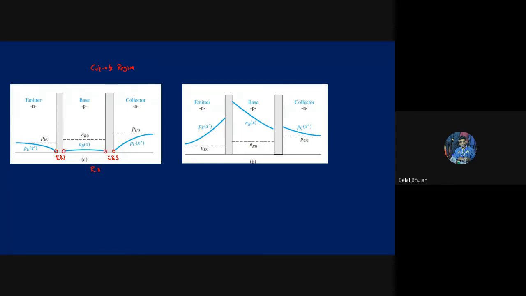So simply the total minority carrier concentration in the emitter side will be like that, and the base side, both sides being reverse biased, 0 here, 0 here, collector side 0 here, 0 here, simple. And that one is for saturation region.